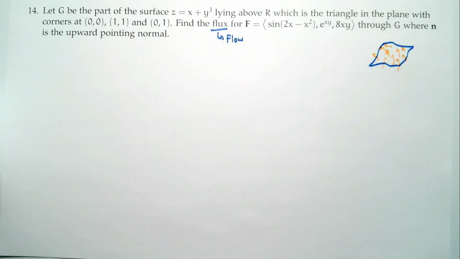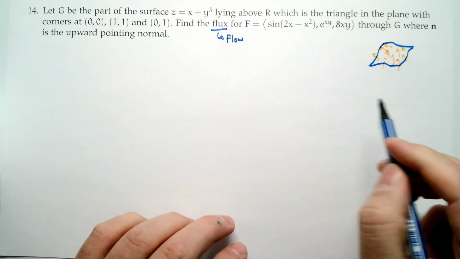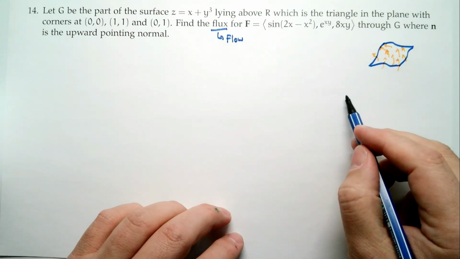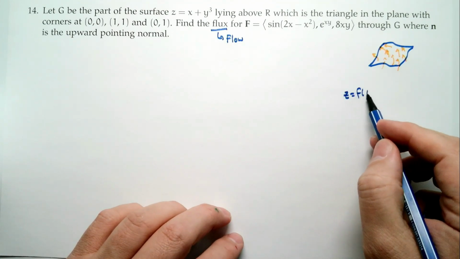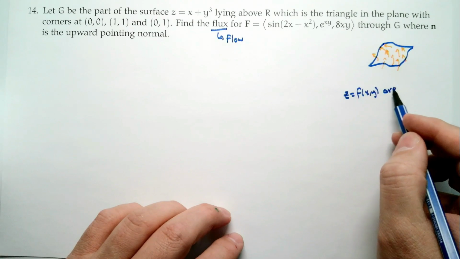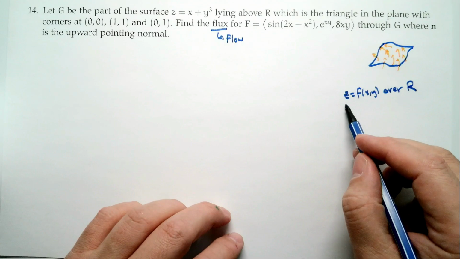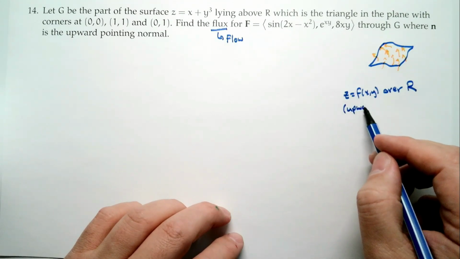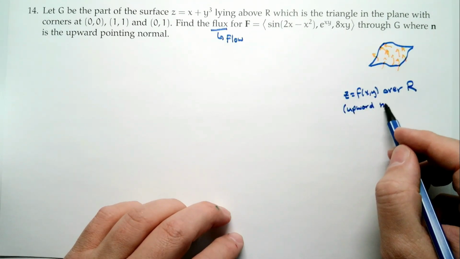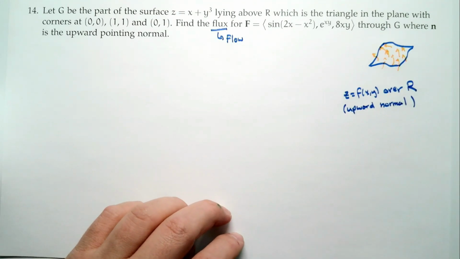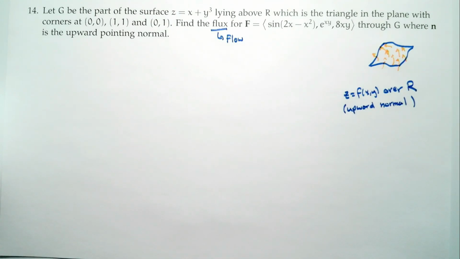Now, the way you compute it is you do a very special type of surface integral, but here's the really cool part. If you have the following setup, z equals f of xy, that's your surface, over some region R, and your oriented surface is pointing up. What this says is that we really want to make sure we're dealing with surfaces where we have a top side and a bottom side. So it's just saying, look, we know which side is up.